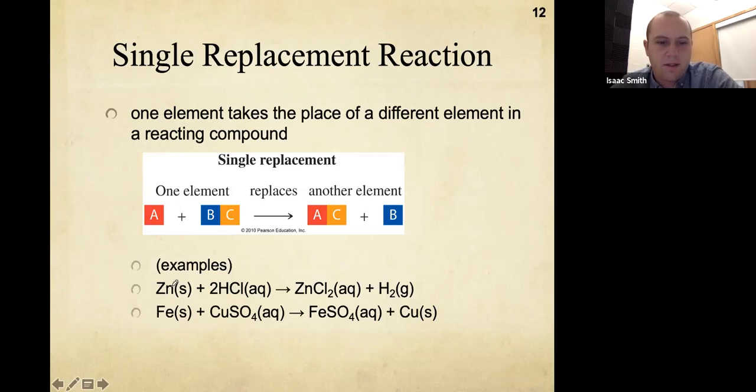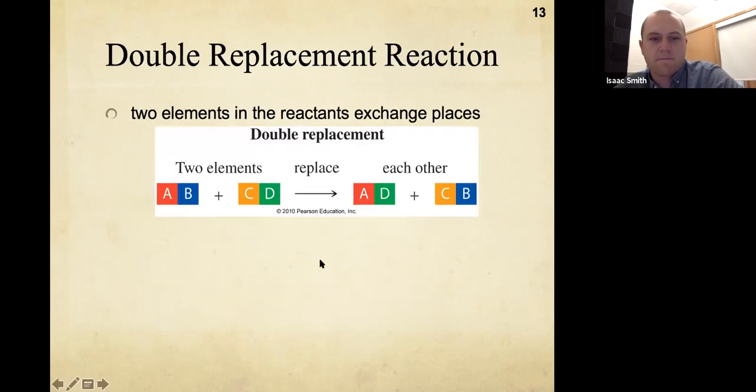And then one of your reactants will be a single element, and then one's a combination. So the zinc combines with the chloride here, and then kicks off the hydrogen. So you get zinc chloride and hydrogen. Same here, you have iron that combines with the sulfate, and the copper comes off. Okay, so those are single replacement reactions.